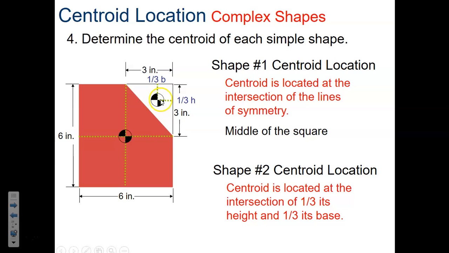So let's look at the x centroid for this. My total width here is 3 inches. That means I'm one-third of that over from the thick end, and that gives me 1 inch here. Now, to figure out the distance from my shape, it's going to be the rest of that 3 inches.